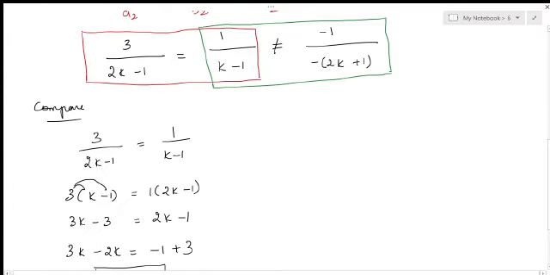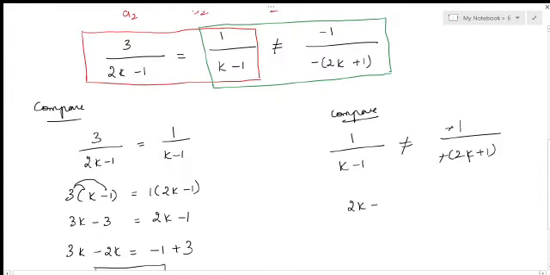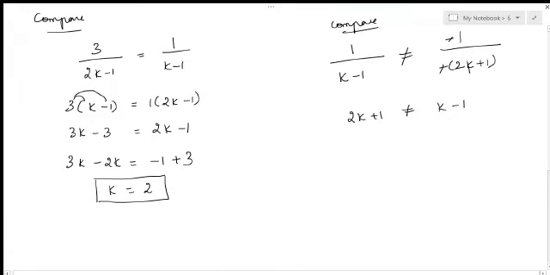When I compare again, 1 by k minus 1 is not equal to minus 1 by minus 2k plus 1. Minus and minus will get cancelled. Cross multiply. 2k plus 1 is not equal to k minus 1. This we are finding out only to check k is not equal to what.